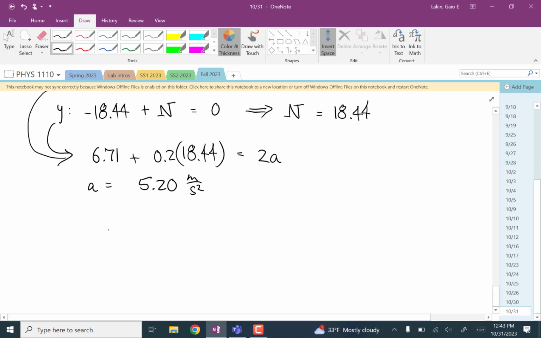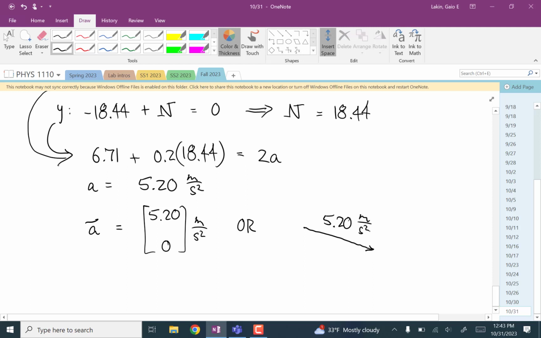So plug that into your acceleration vector and you get 5.20, 0. Or in other words, it's down the ramp at 5.20 meters per second squared.